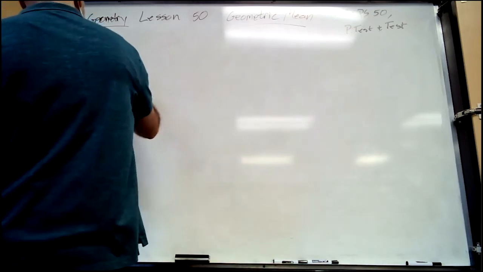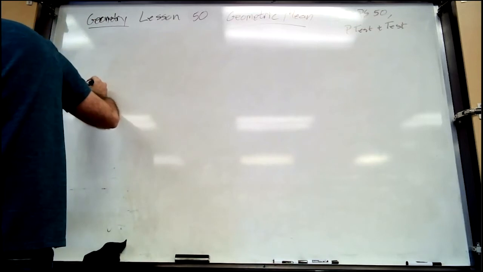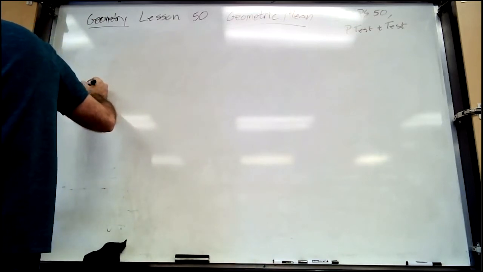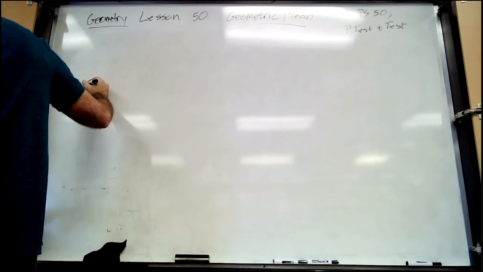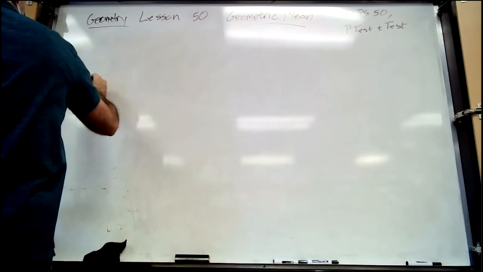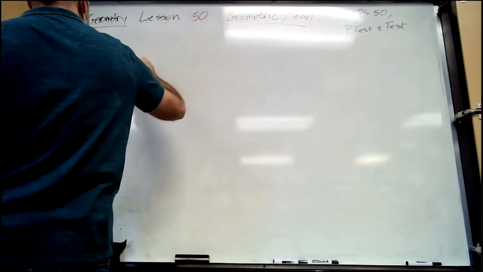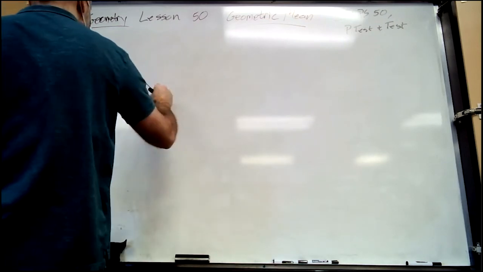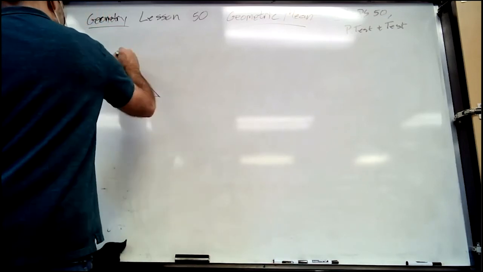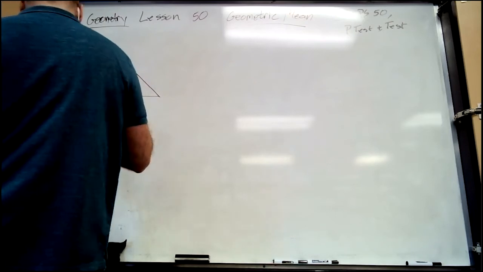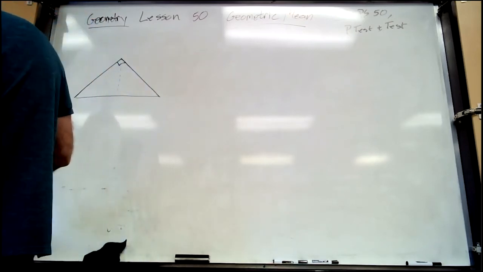So for example, here is a right triangle. When I'm drawing an altitude in a right triangle, here's what happens.